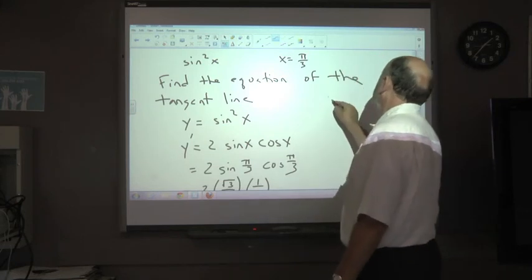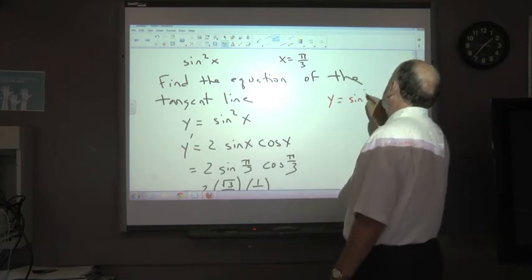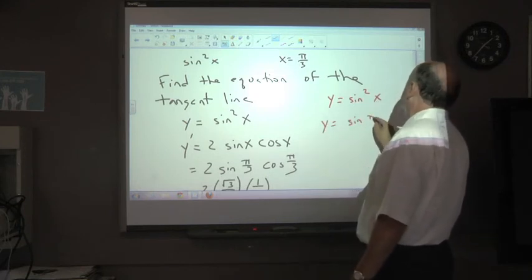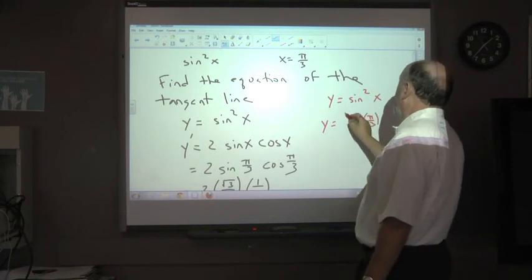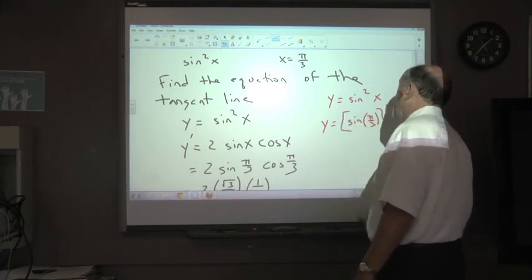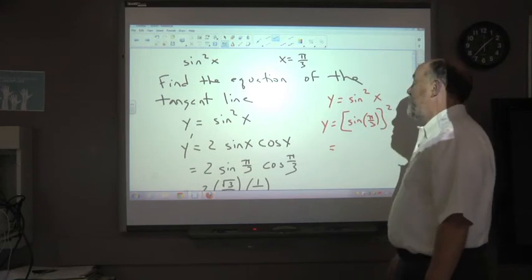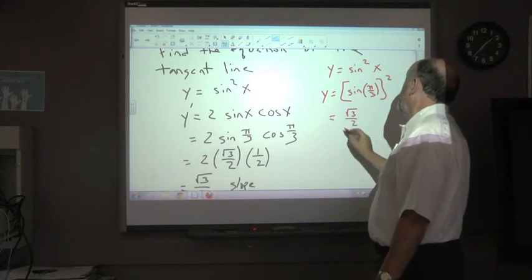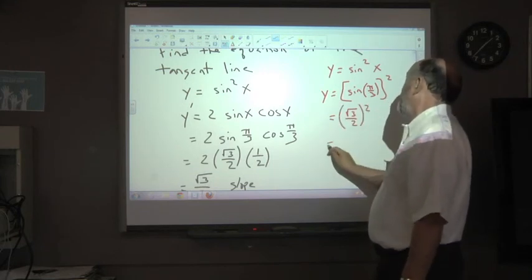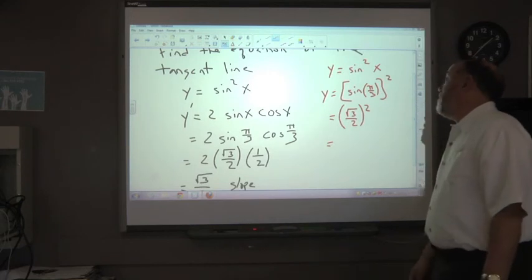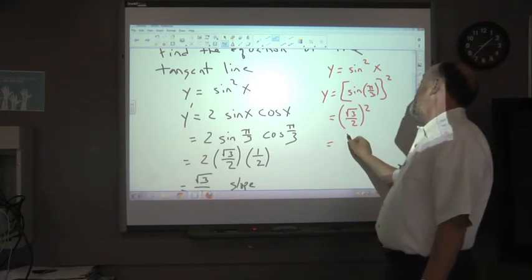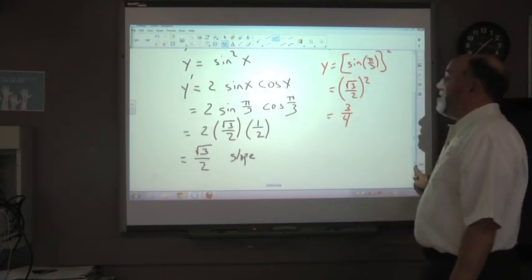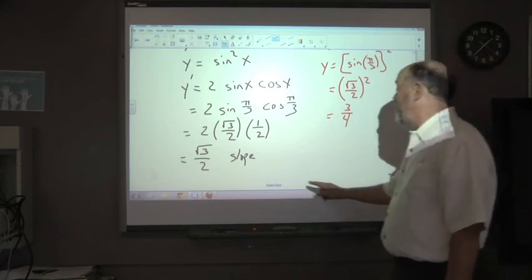We got y equals sine squared of x. So y is going to equal the sine of pi over 3, that number squared. Now, the sine of pi over 3 is the square root of 3 over 2. And then if we square that, if you square a square root, you just get what's inside. So this is going to be 3/4. So we know the x, we know the y, we also know the slope.